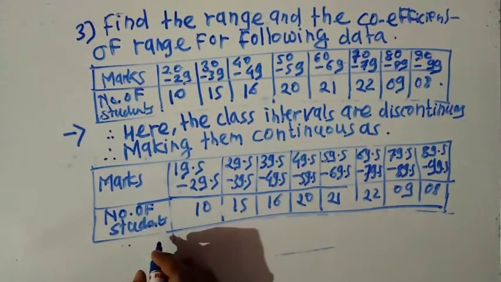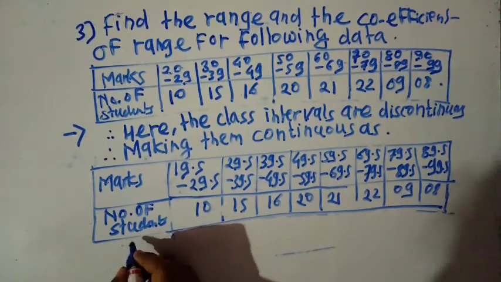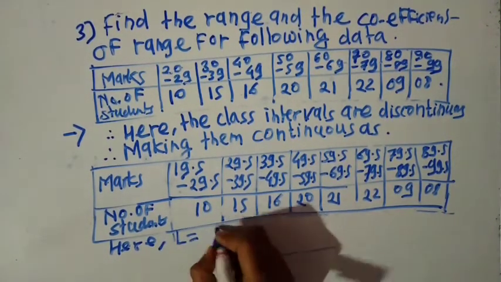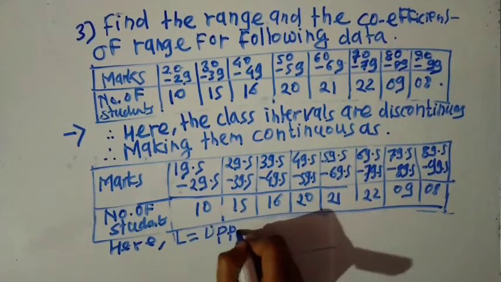So first, here L is the upper limit of the highest class.